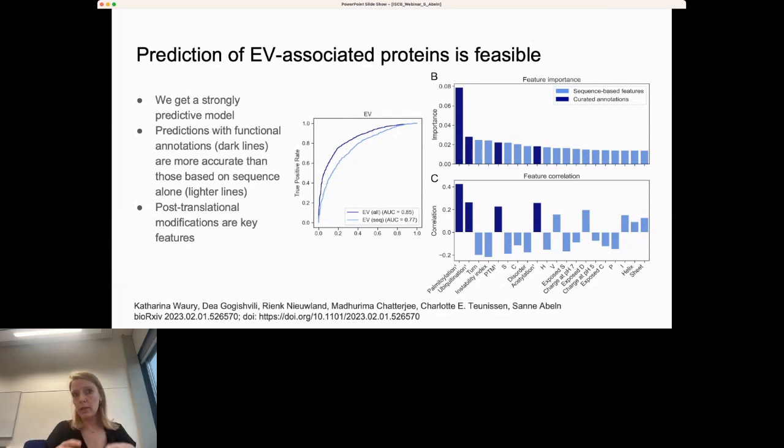Now, the interesting thing is when we look at the underlying features, so what actually makes proteins end up or associated with extracellular vesicles. And we see here that a lot of the post-translational modifications, specifically some quite exotic ones like palmitoylation, are very important to predict whether a protein is likely to end up in an EV or not.